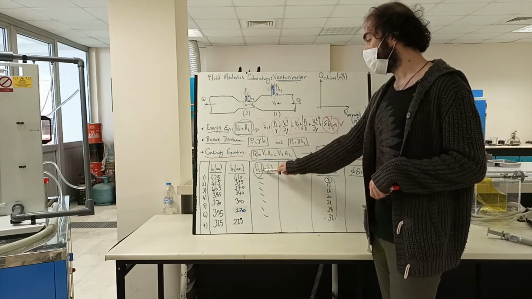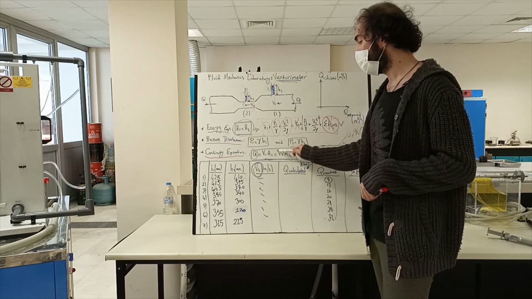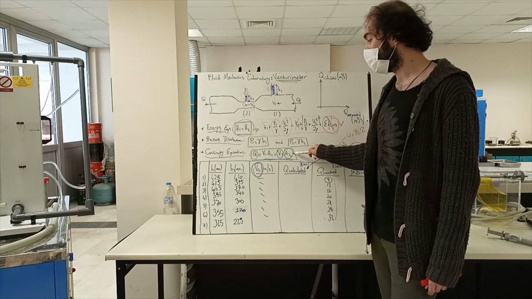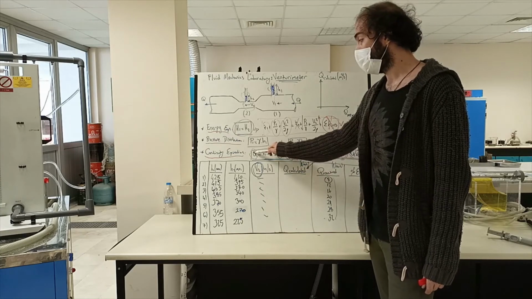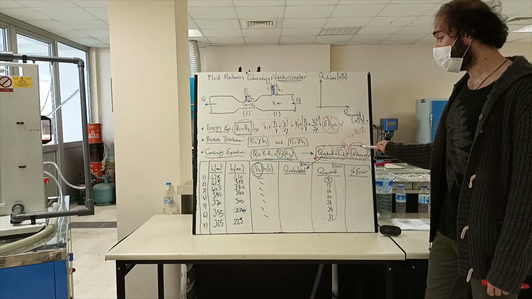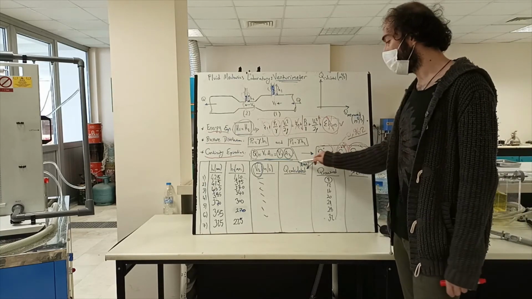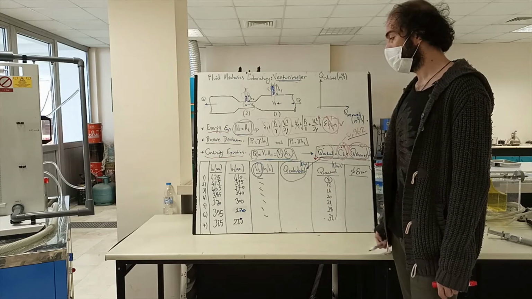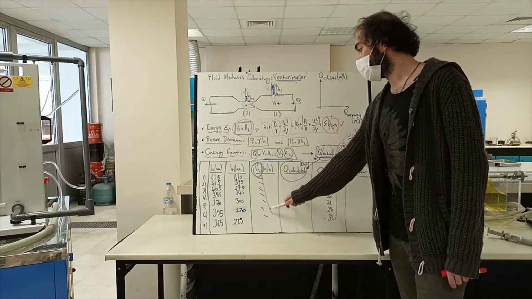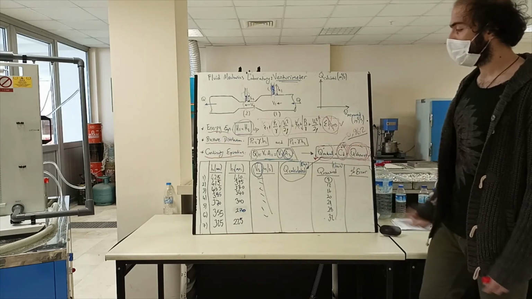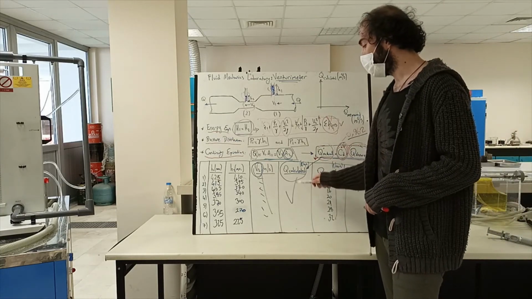After finding the velocity, you will multiply by the cross-sectional area at section 2, and you will find the Q value. This will be your theoretical one, and then you will multiply it with 0.962, and you will obtain Q actual. So first you will find the velocities, then multiply with the area, and then the discharge coefficient, and you will fill this table.